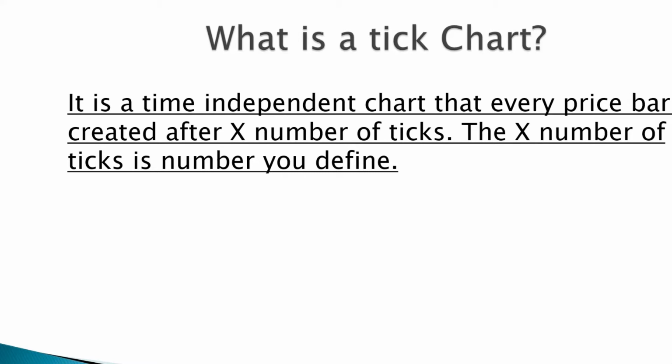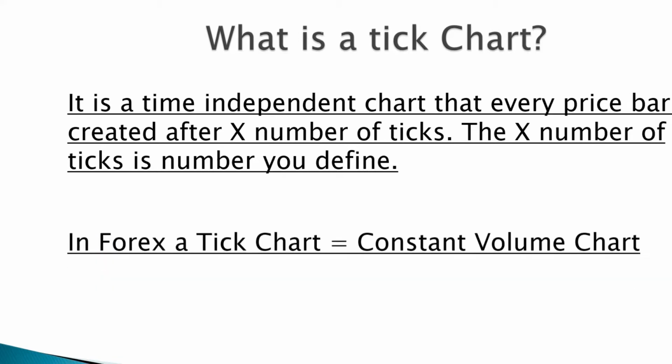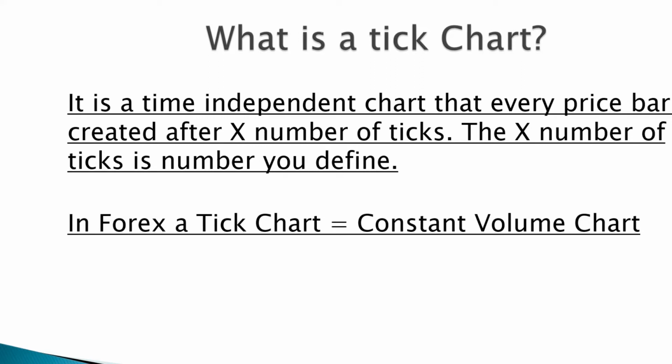For example, in a pair, we can have a 1 minute time frame be 80 ticks average, or in another pair, it could be 120 ticks average. All this is customizable and you can set it up. And also, since in Forex we don't have real volume, a tick chart is also a constant volume chart. It's the same thing.